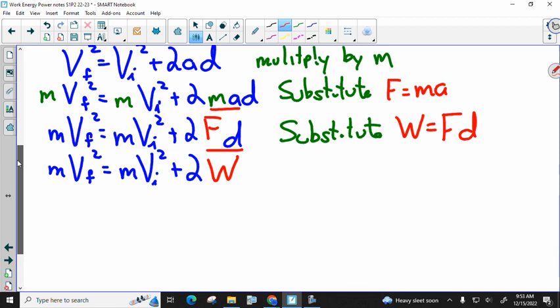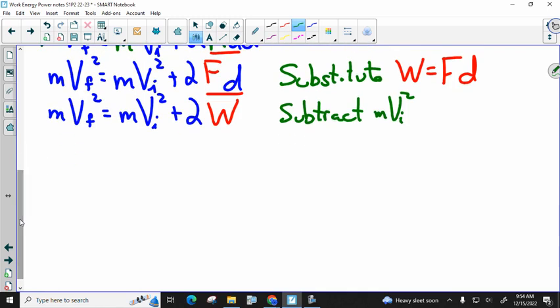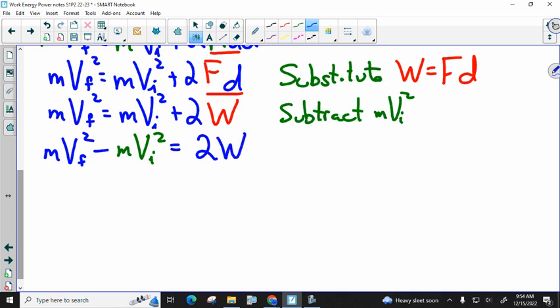All right. So now it's time for math magic. I'm going to subtract this m Vi squared from both sides. Oopsie, subtract. So all I did was subtract m Vi squared from both sides.